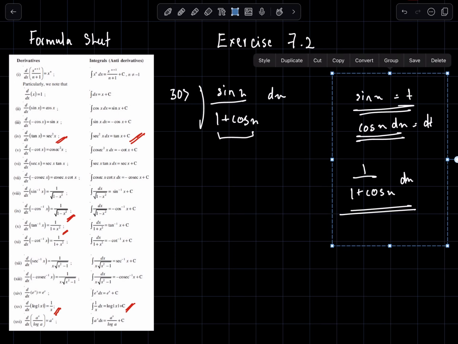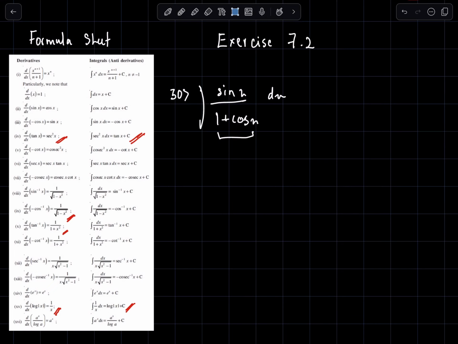But you can do trial and error as well. See, I just did and said, okay, sine x wasn't right. So what can I do? I can write it as 1 plus cos x is equal to t. So this becomes, sorry, sine x dx is equal to dt.